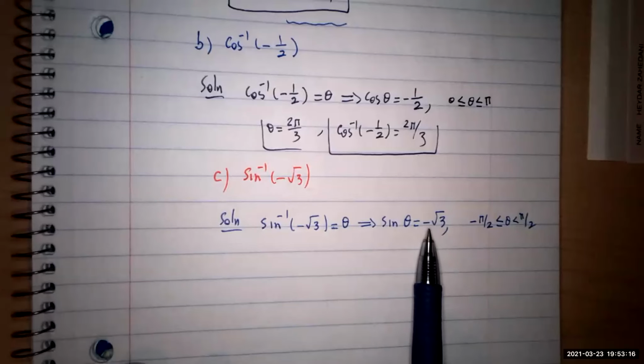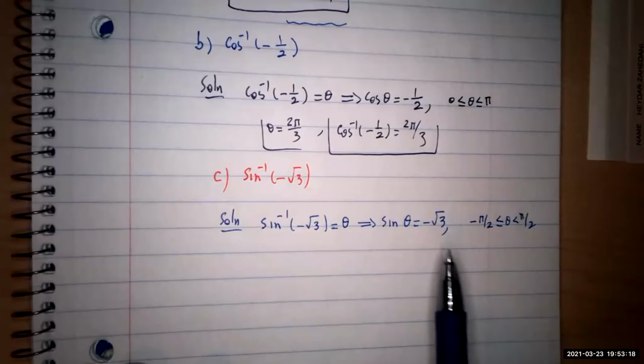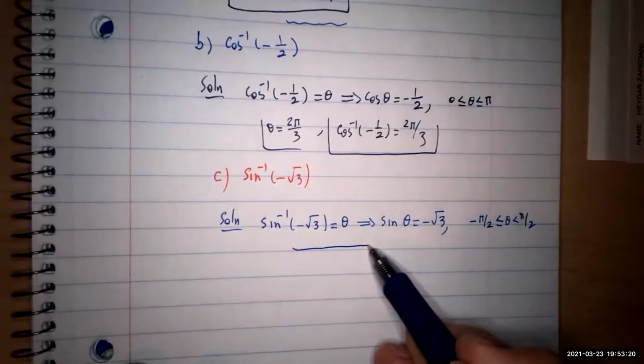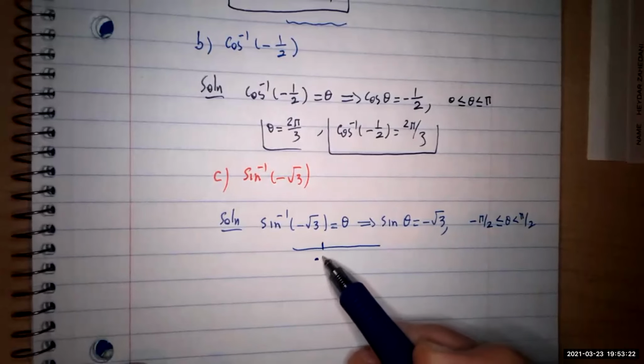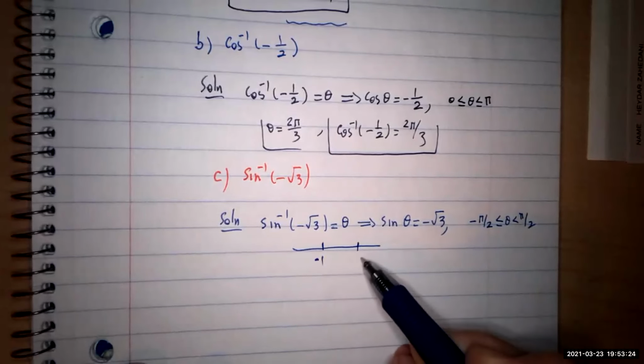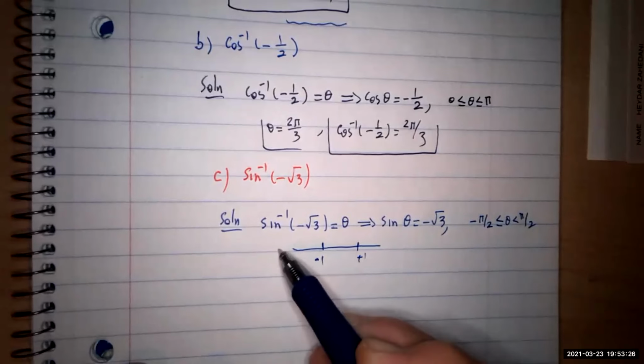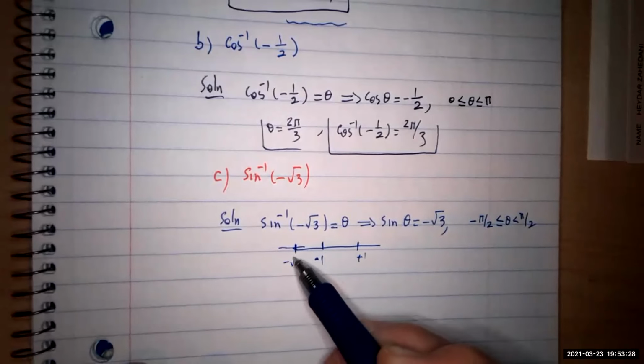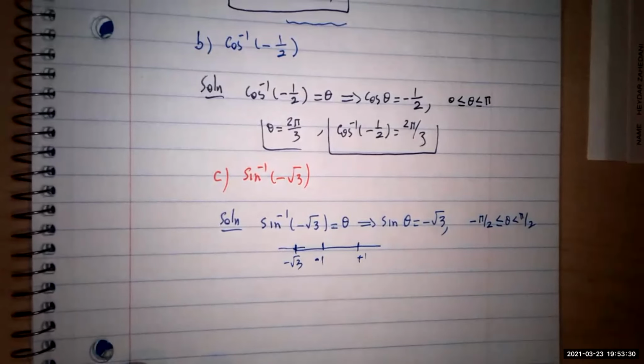So you have negative radical 3, which is outside of that. This is -1, and this is +1. So this would be impossible.